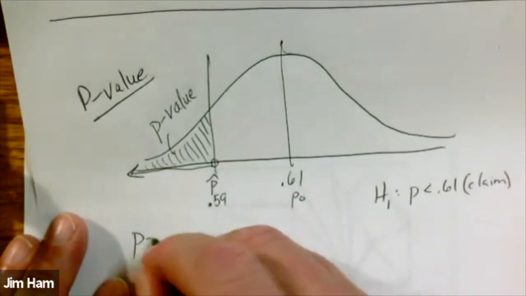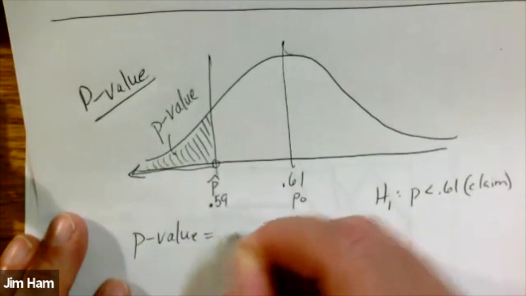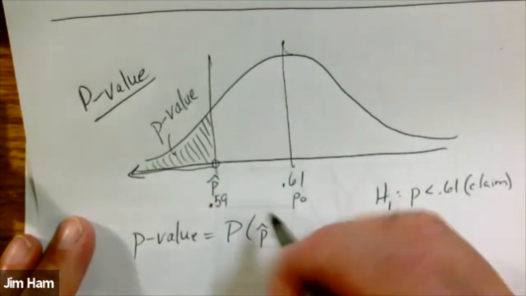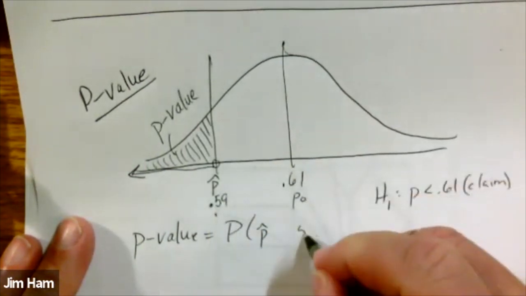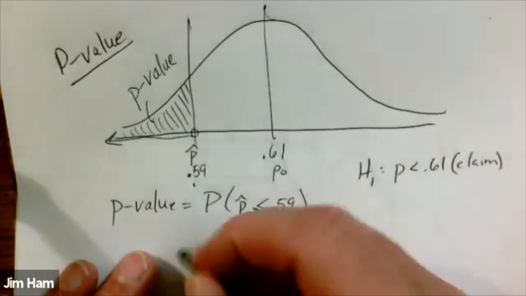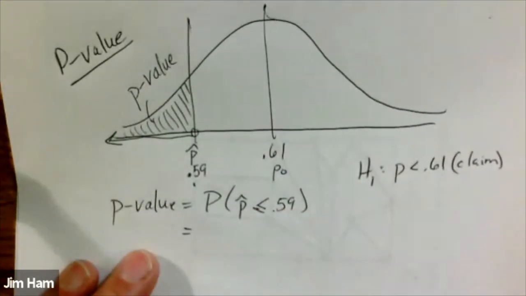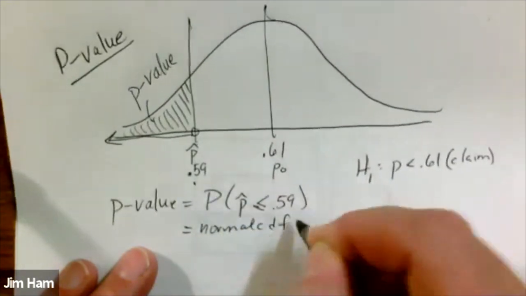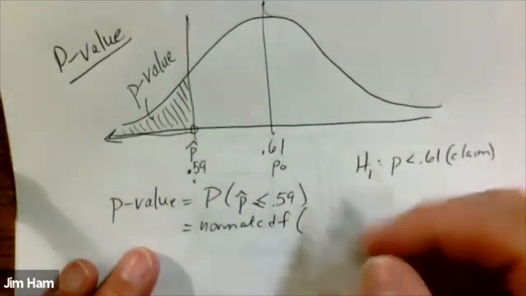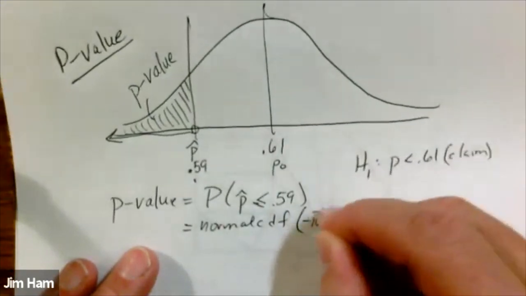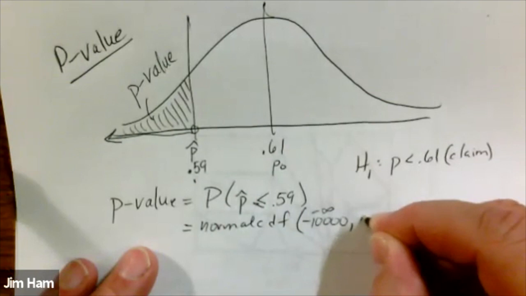So the p-value in this case is the probability of getting a p-hat that is equal to our p-hat, 0.59, or something less. And we can calculate this because it's a normal distribution. It's normalcdf. We go from negative infinity, so negative 10,000, to 0.59.